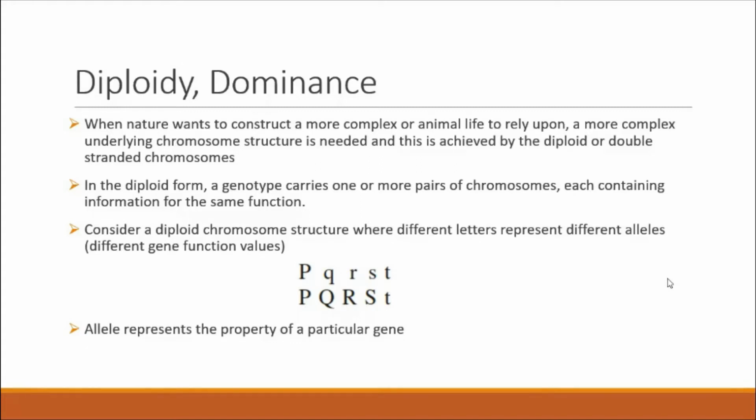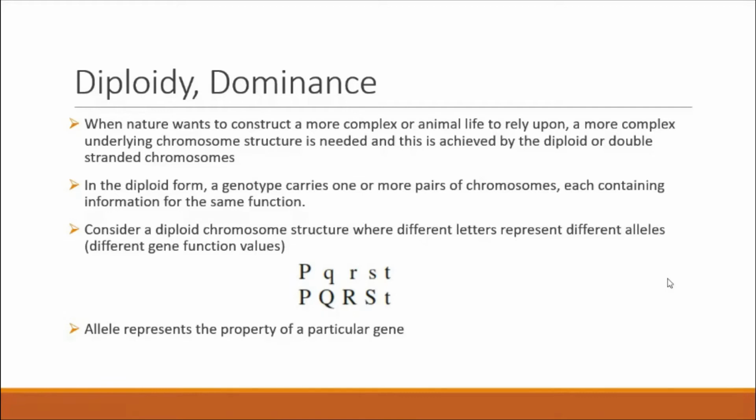So diploid, or double-stranded, chromosomes came into existence. As you might know, human beings and complex living organisms rely upon this type of diploid chromosome; that is, they have two different strands available in the chromosome.